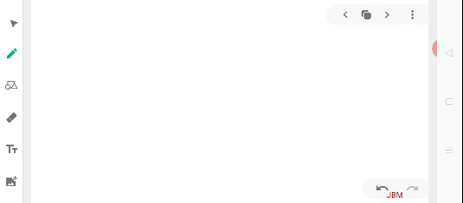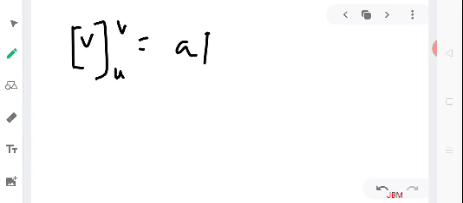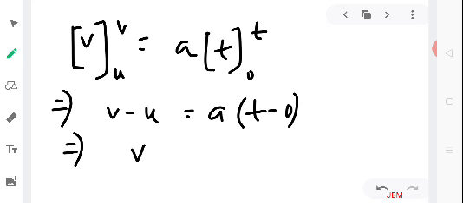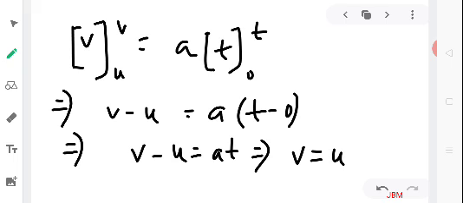So now it becomes v with the limits u and v, equal to a, with the limits for t as 0 and t. You can write it as v minus u equal to a into t minus 0, and in the last step you can write v minus u equal to a t, or v equal to u plus a t.